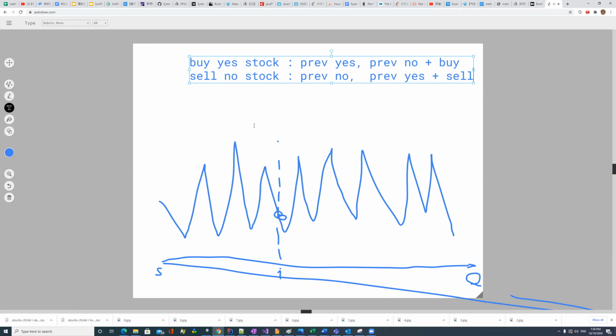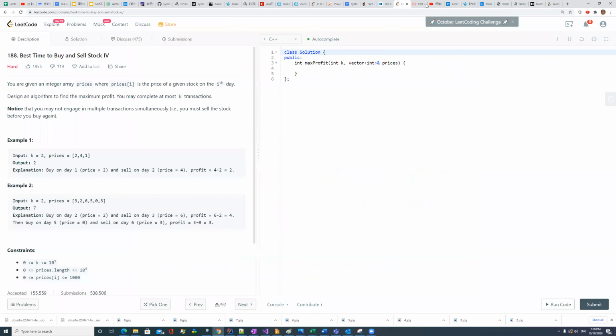I can define our common dynamic programming status. The DP includes two dimensions. One dimension is the day, and the other dimension is the current status I need to reach.